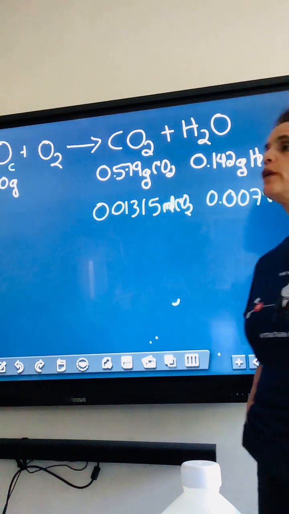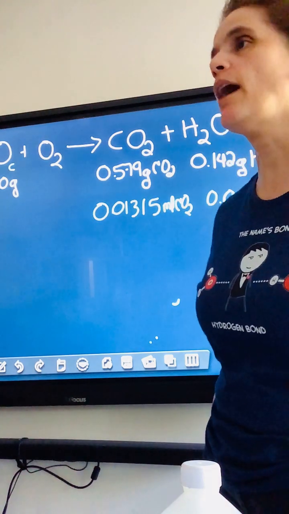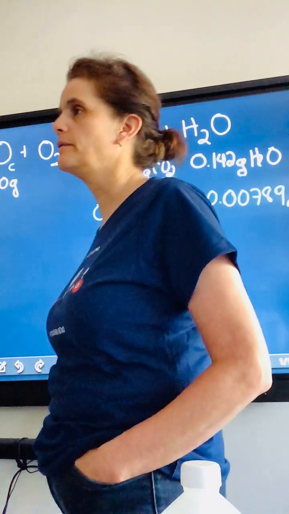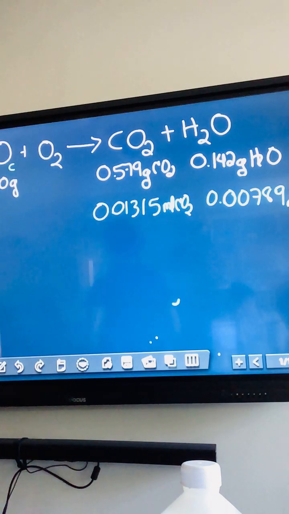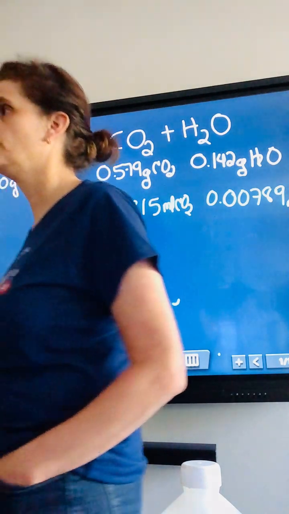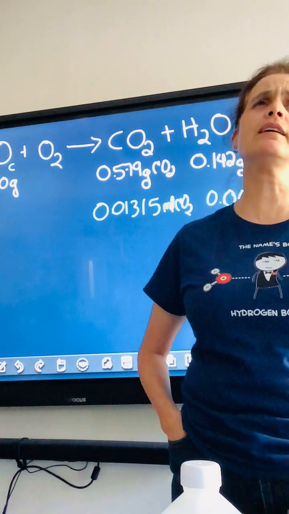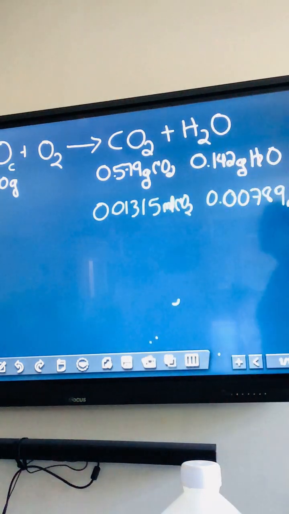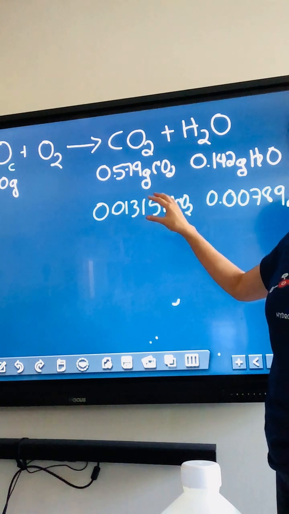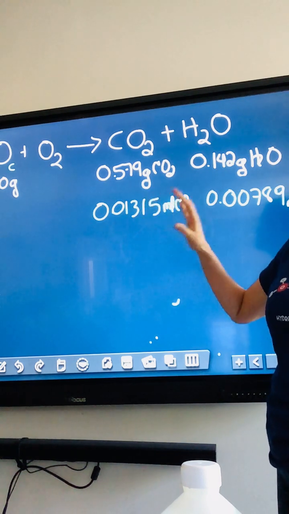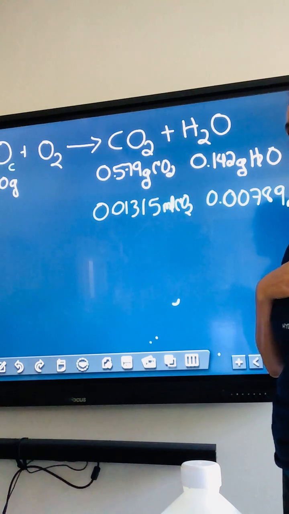In 1 mole of carbon dioxide, Vivian, how many moles of carbon do I have? How many moles of oxygen? 2, right? Does that make sense? So if I have 0.01315 moles of carbon dioxide, how many moles of carbon do I have?